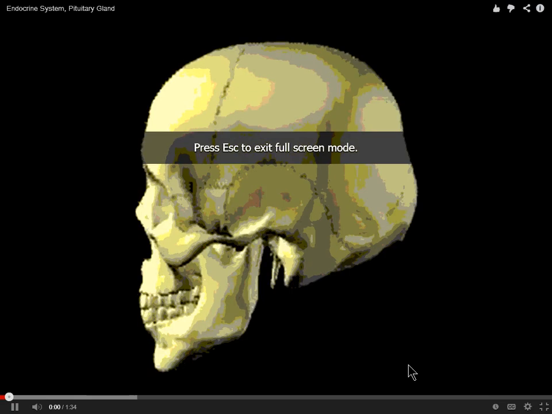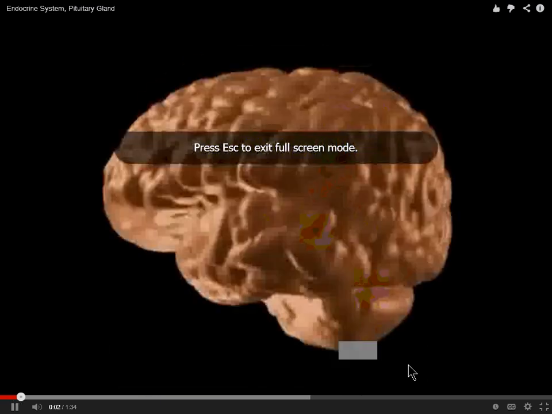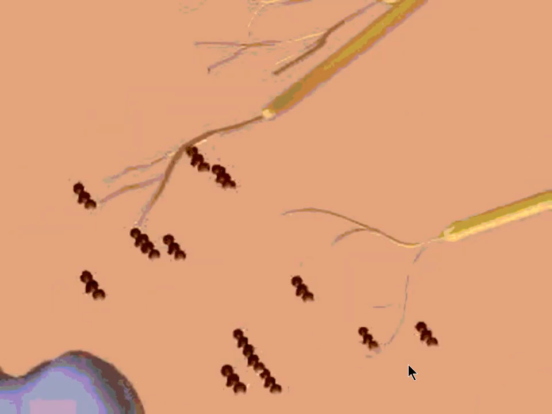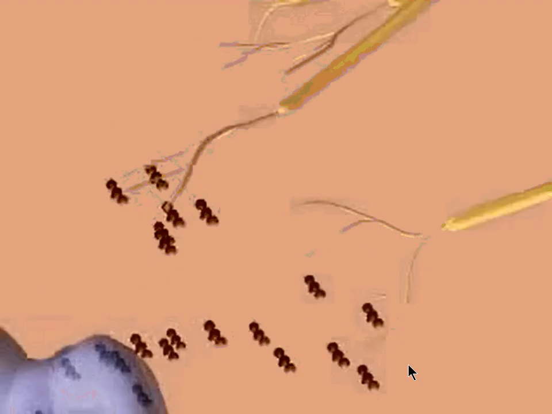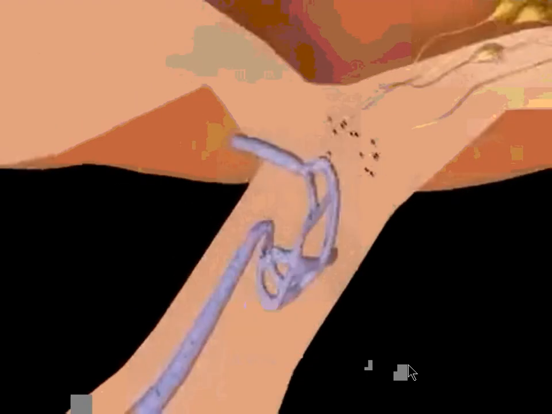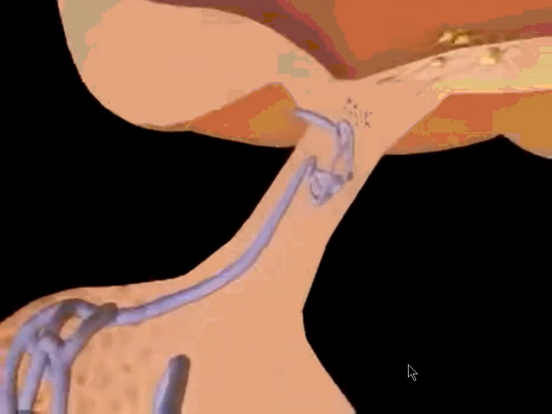Within the base of the forebrain is the hypothalamus, a region of the brain that integrates information from the rest of the body and regulates most of the body's endocrine systems. An example of an endocrine system regulated by the hypothalamus is the hypothalamo-pituitary axis. Some neurons in the hypothalamus produce and secrete thyrotropin-releasing hormone, TRH.